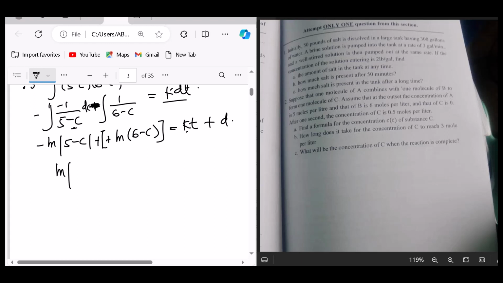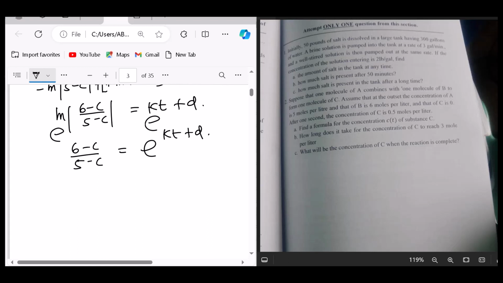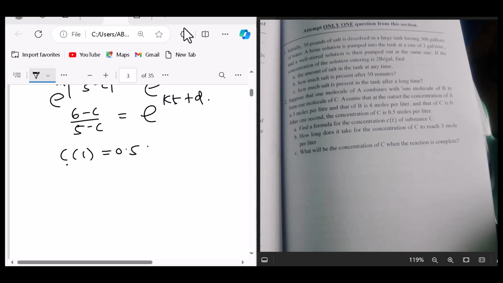So I just have ln of (6 minus C) over (5 minus C) equals kt plus D. You take e of both sides, so that will be (6 minus C) over (5 minus C) equals e to the power kt plus D. But we have not applied the IVP, so let's apply the IVP before this.